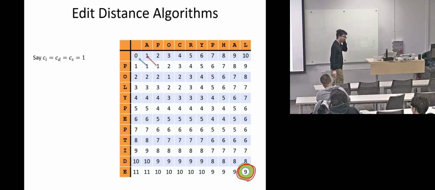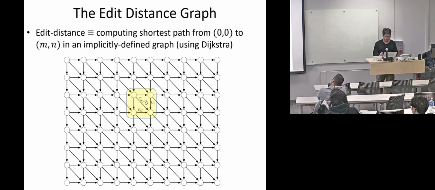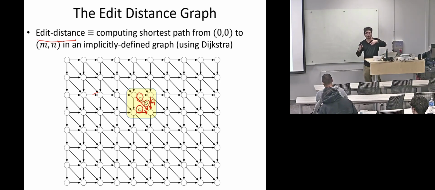Now we're kind of done. I want to mention one thing, a nice way to think about this: the distance is the same as the distance in the following graph. It's almost like a grid graph like this, and here is the operation where you pay CI. Here you pay CD, and here you either pay CS or 0, depending on whether the character here and here match or not.